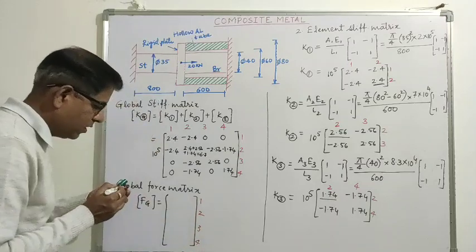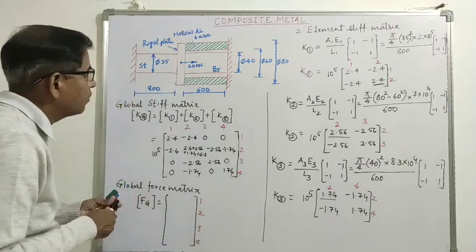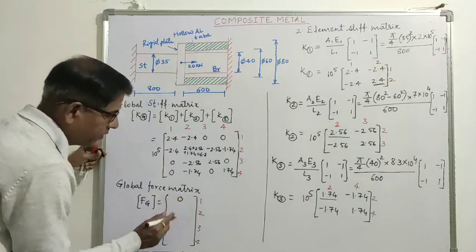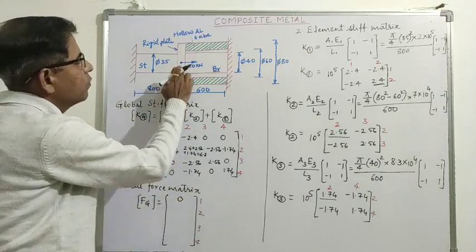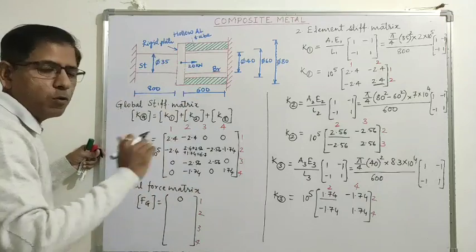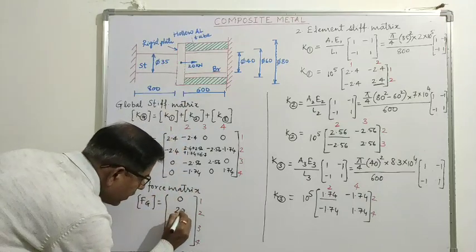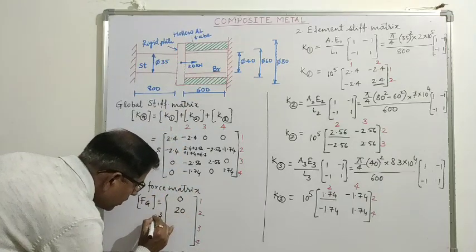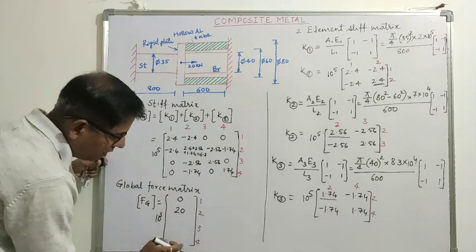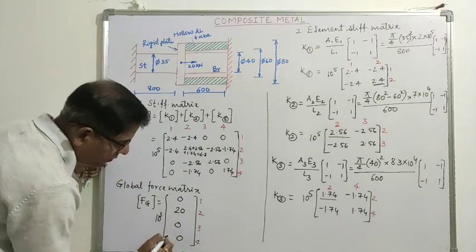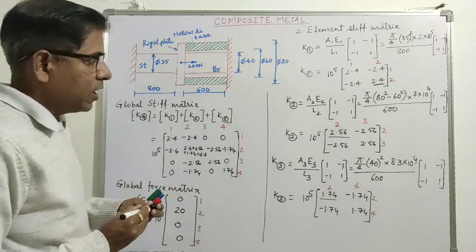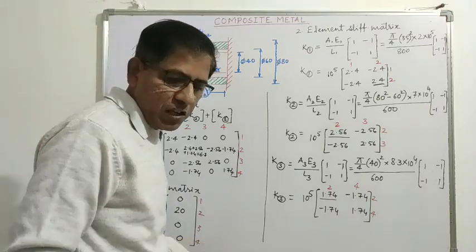So at node number 1 there is no value, so it will be 0. At node number 2 there is one value, 20 kilonewton, positive direction. So 20, 10 to the power 3 outside the bracket. At node number 3 and 4 there are no values. Okay. Now we apply the principle of minimum potential energy.